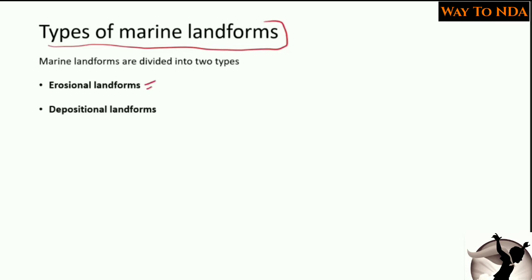Whatever material was eroded from the erosional landforms is deposited to create the depositional landforms. Here the material is eroded, that is worn away, and here it is deposited. As simple as that.